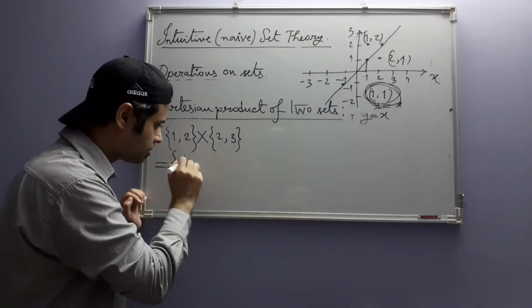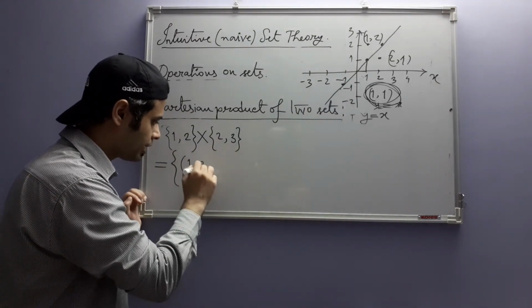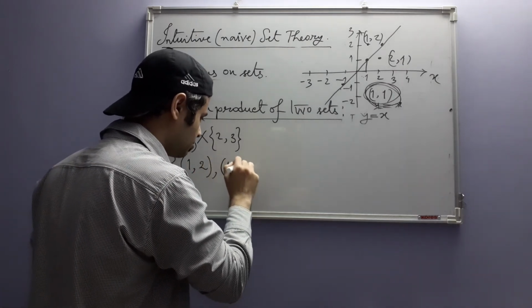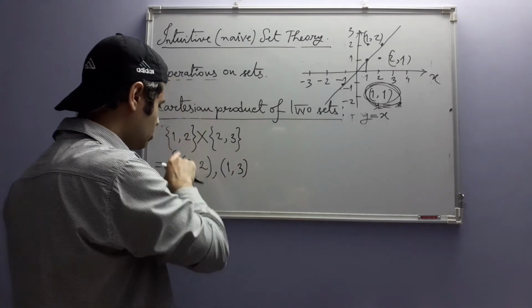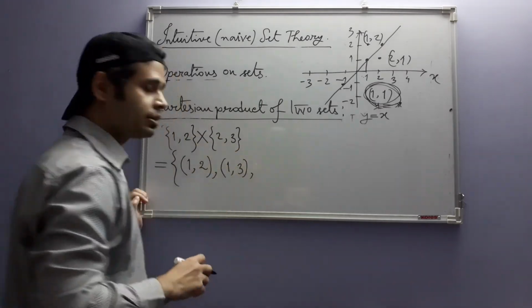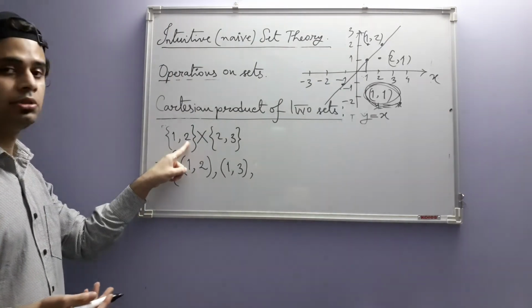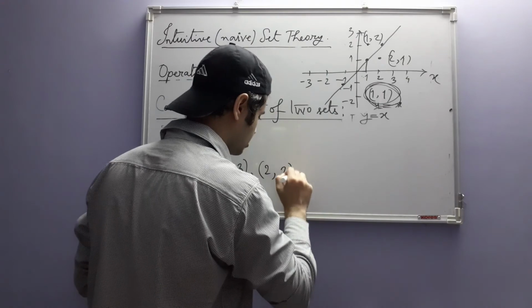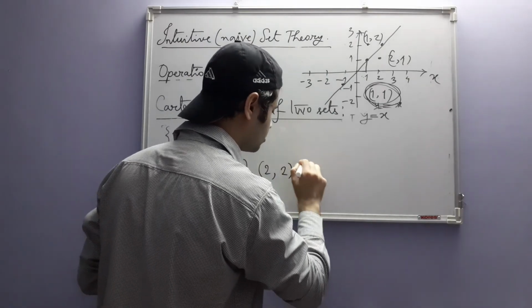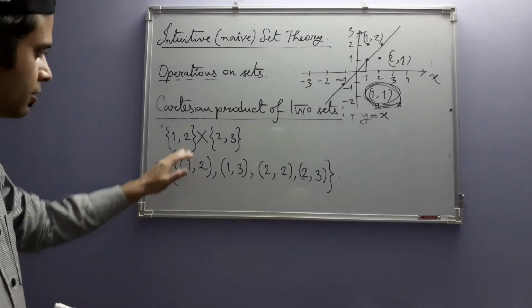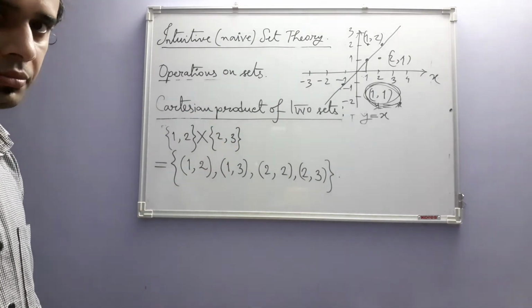But the second coordinate can be 2 or 3. So I can write 1 comma 2 and another element will be 1 comma 3. But we can write more. The first coordinate can be 2 also. So 2 and the second coordinate is 2, 2 comma 3. So this is the Cartesian product of these two sets.